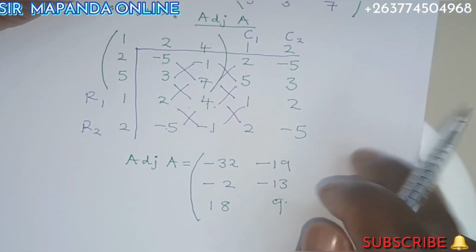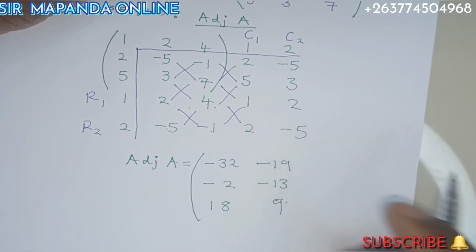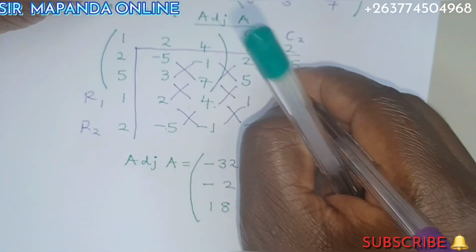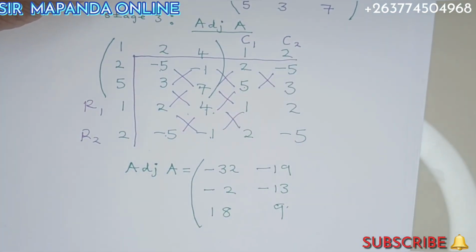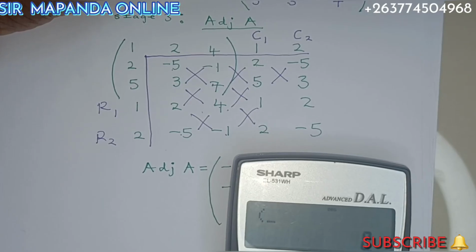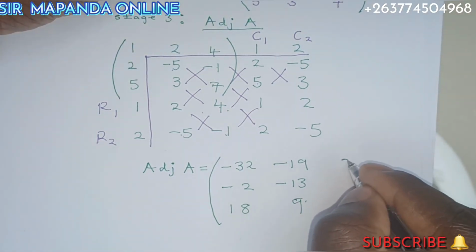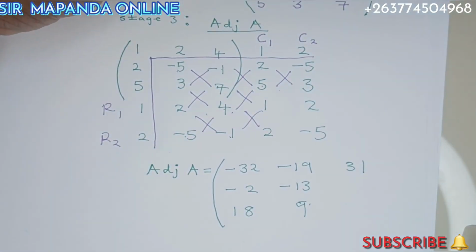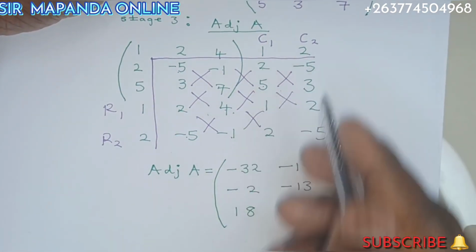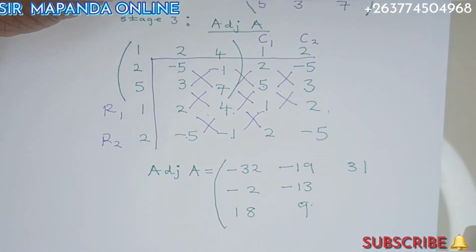Then you move on to this last column. We are going to consider 2, minus 5, 3, 5. They are saying 3 times 2, close bracket, minus 5 times minus 5, close bracket, to get 31. You write 31 here. Then you move on to the second 2 by 2, which is 5, 3, 1, 2.